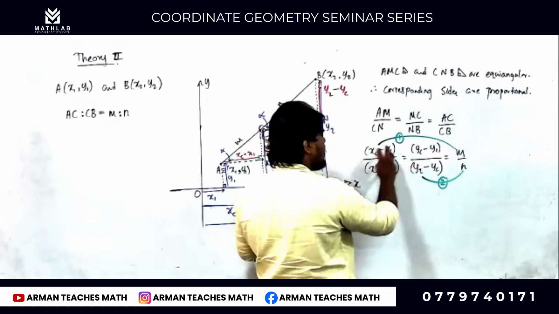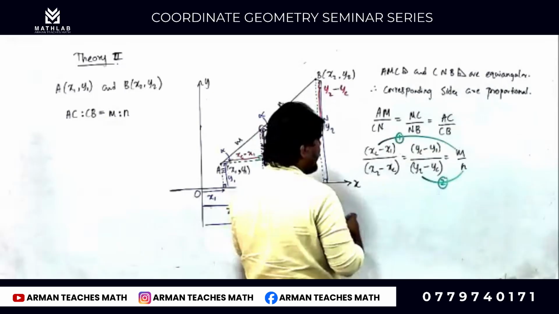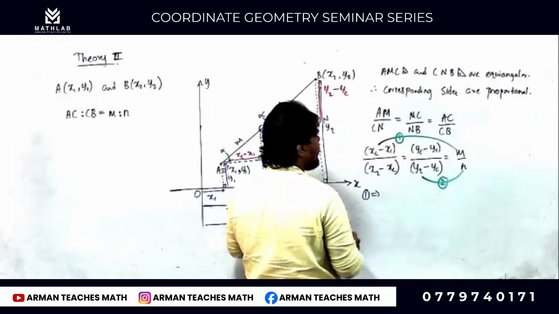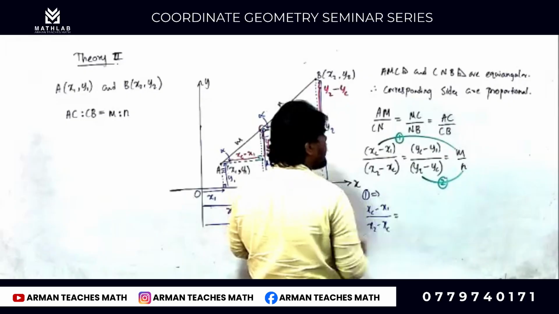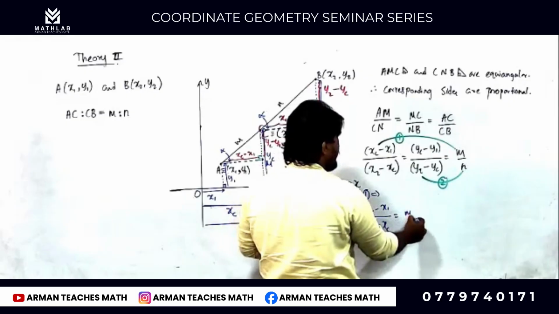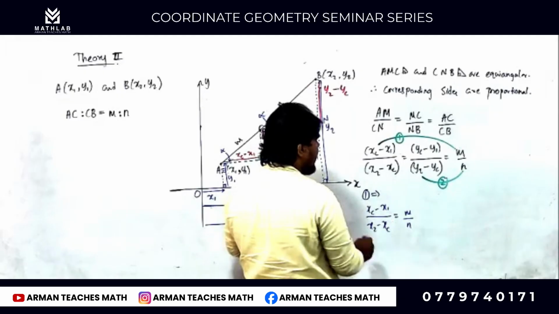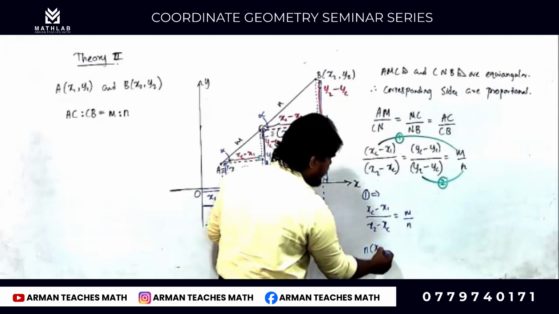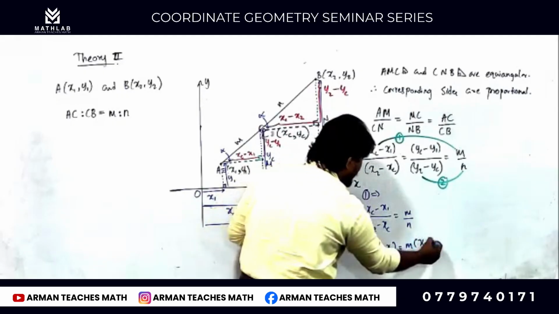If I consider the first one, what do we get? xc minus x1 over x2 minus xc equals m over n. Now let's do a cross multiplication. We get n times (xc minus x1) equals m times (x2 minus xc).